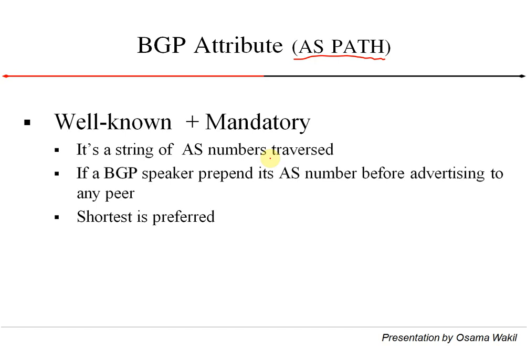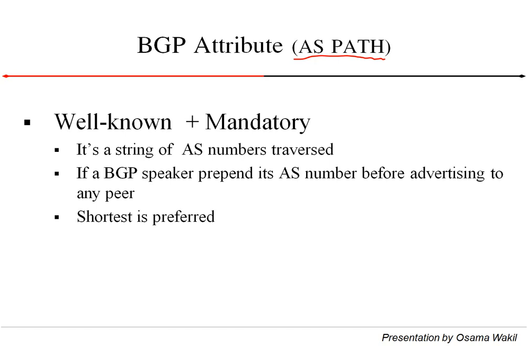All those AS from which this update has been passed are appended into this string. The shortest AS path is preferred. If we are receiving the same update from two different Nexthops, then the one which is shorter is going to be preferred.